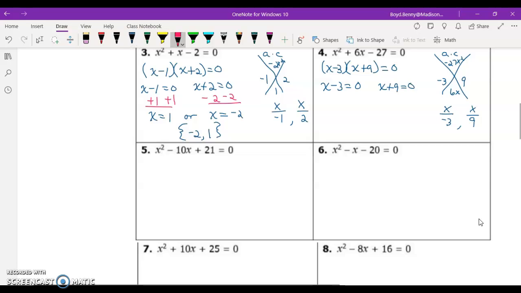And then we'll solve. So let's add 3 to both sides. And here we would subtract 9 from both sides. So that's going to give us x equals 3 or x equals -9. And so our solution set would be curly braces, -9, comma 3.